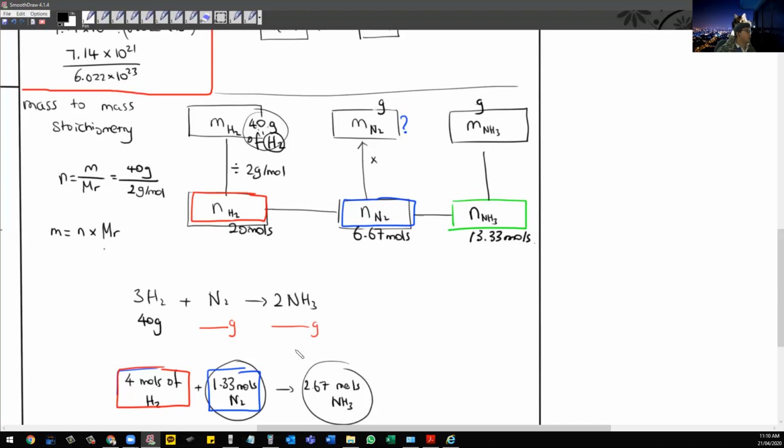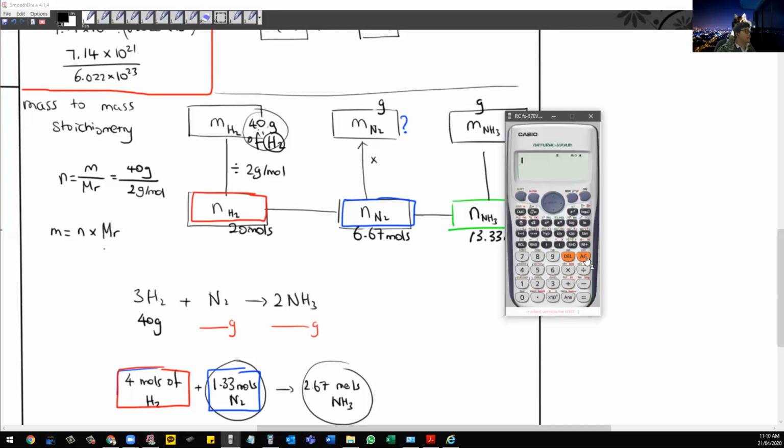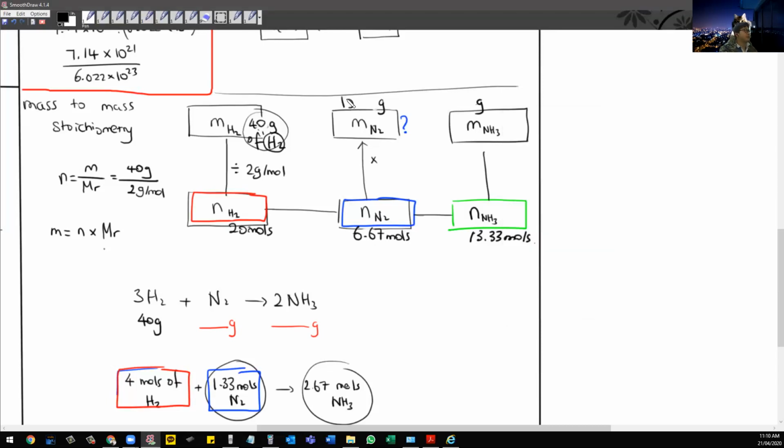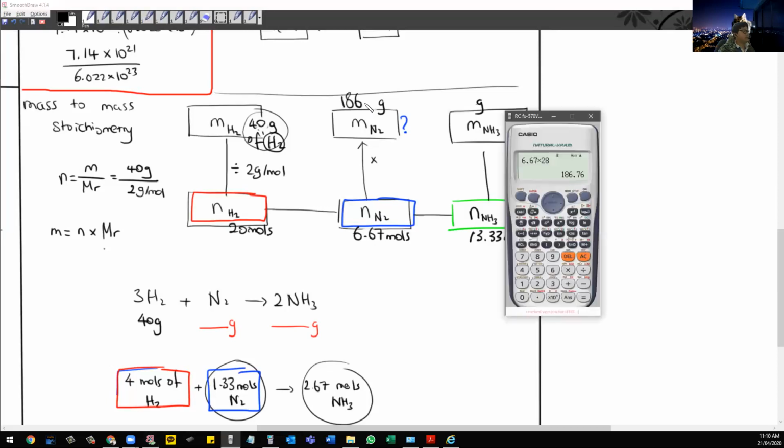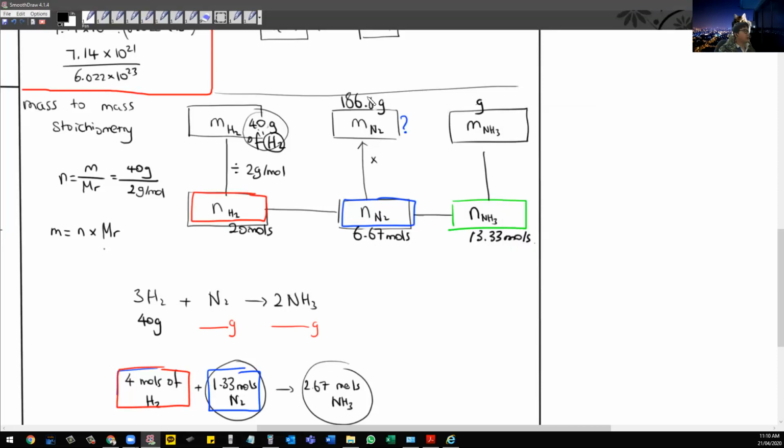So what you got to do is times the 6.67 times nitrogen's molar mass, which is 28. Each of them is 14. So you get 186.8 grams. So that's how much mass you need.